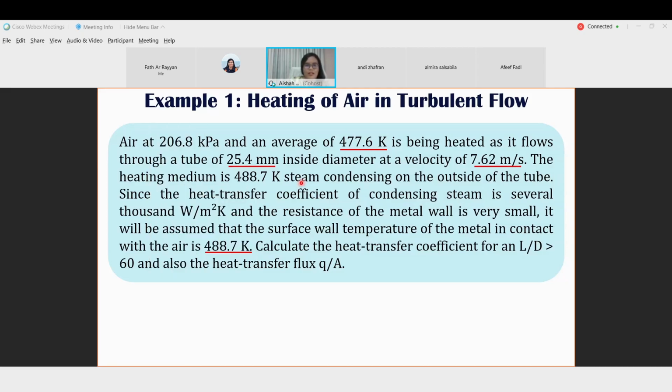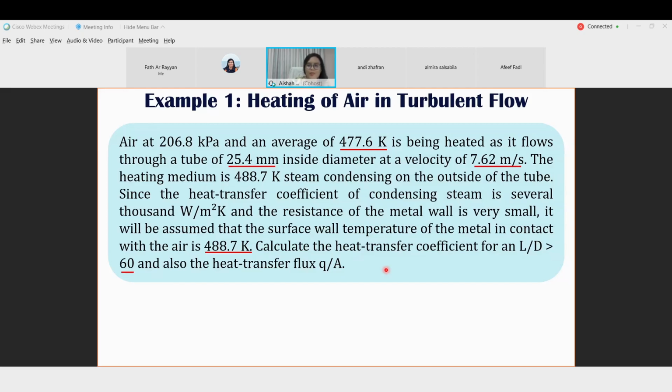So we assume that the surface wall temperature, because of the steam outside the tube, is the same temperature of 488.7 Kelvin. Okay, so what do you think they want? Okay, they want heat flux, correct, and they also want the heat transfer coefficient.